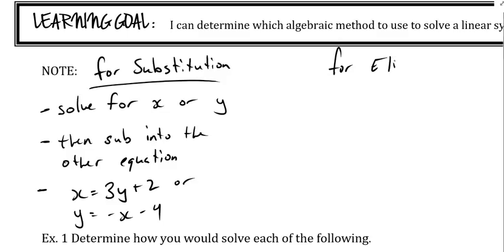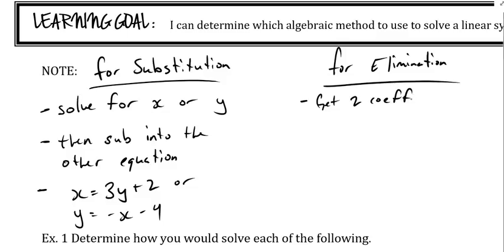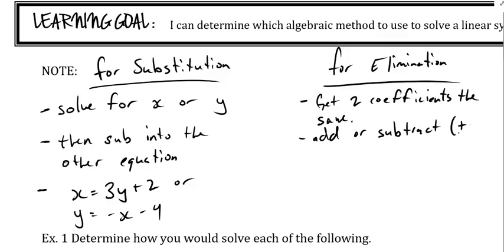So for elimination, we're trying to get the coefficients, so we need to get 2 coefficients the same. Then we add or subtract, depending on the sign.